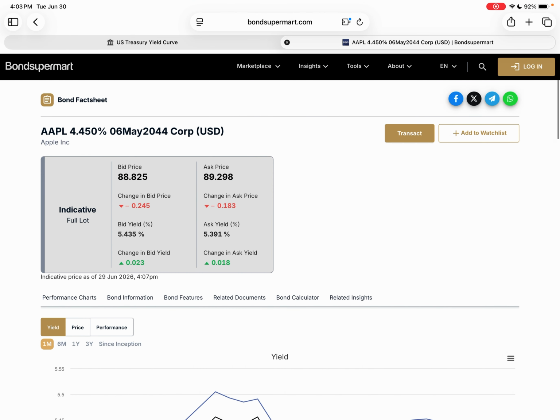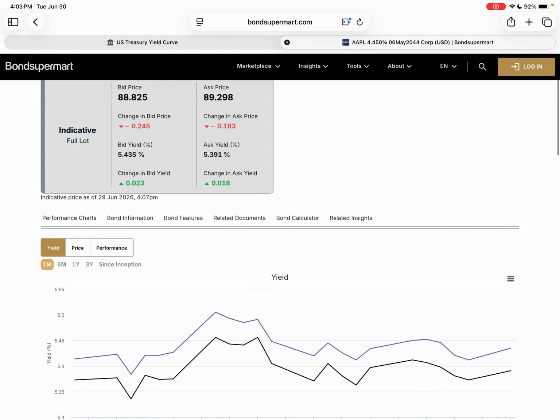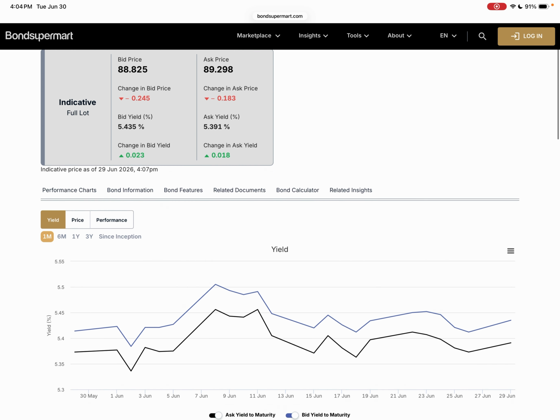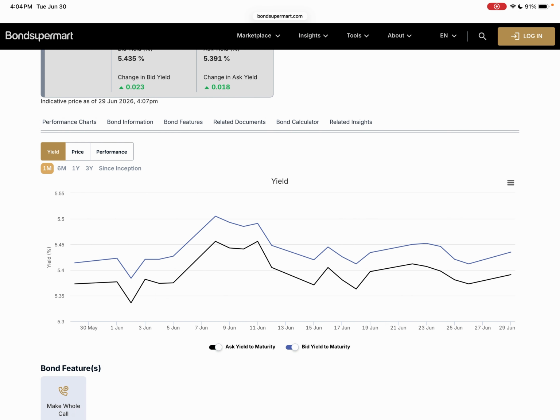Let me show you here. So again, this was the Apple bond, where I think it was this exact example. The annual coupon rate was 4.45%. That's the deal, so that never changes. But as you see here, let's look at the yield. This tab is the yield.